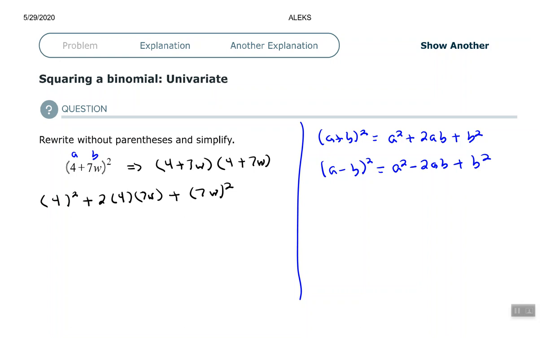Right? So 4 squared plus 2 times 4 times 7w plus 7w squared. And that's based on this formula right there.